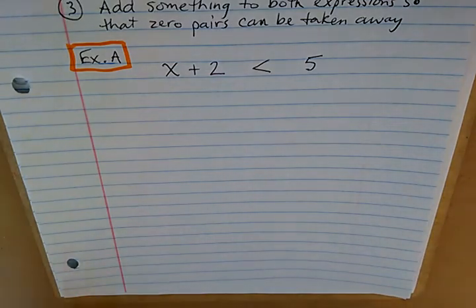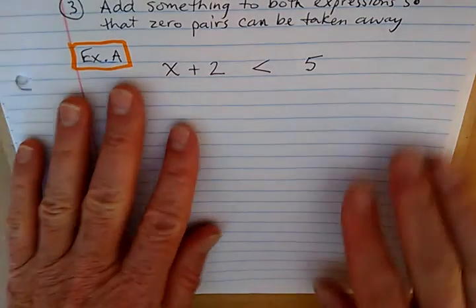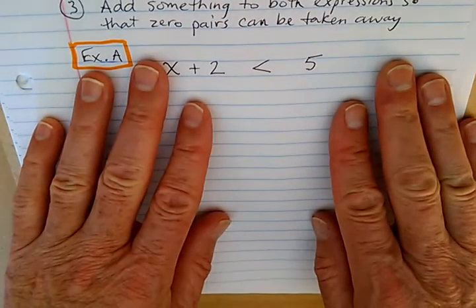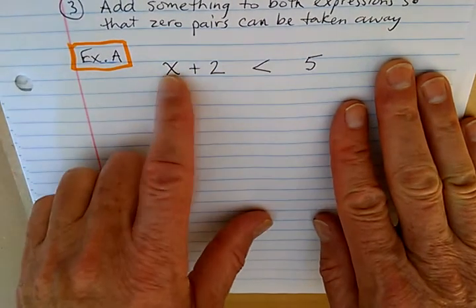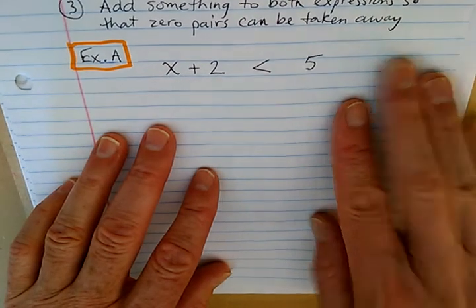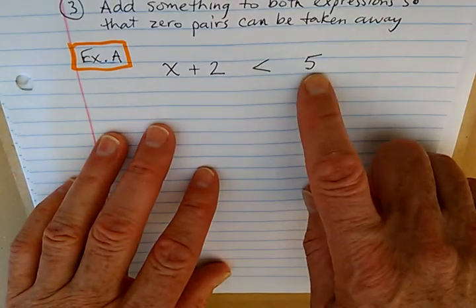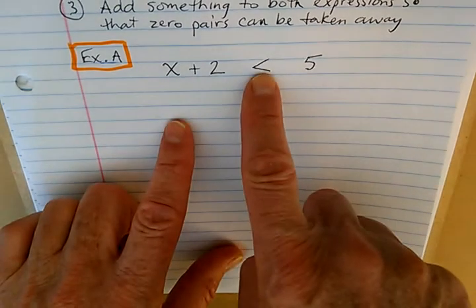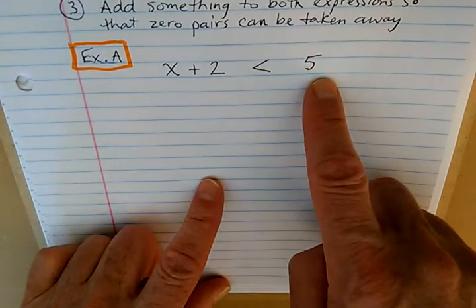So this is like having two expressions side by side. The first expression is x plus 2, and on the other side, the other expression is 5. In the middle, we're saying that the first one has to be less than 5.